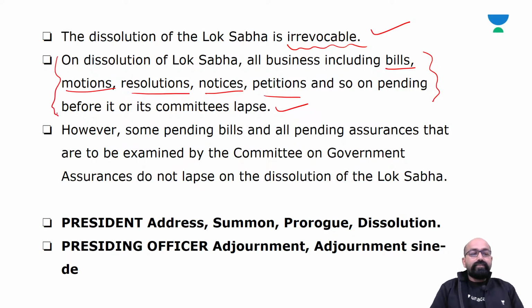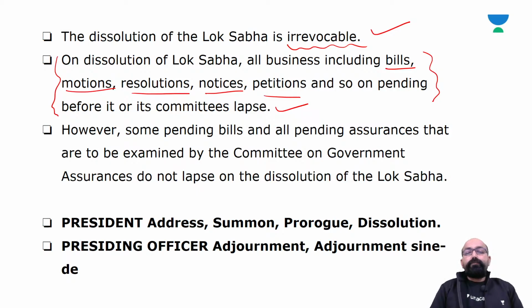Remember, guys, when the Lok Sabha dissolves, any bill, motion, resolution, notice, or petition pending before the Lok Sabha or its committees lapses.